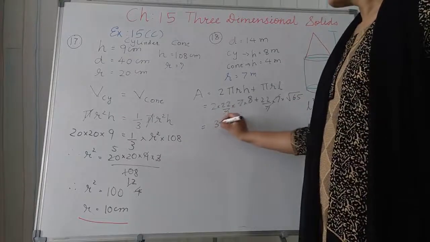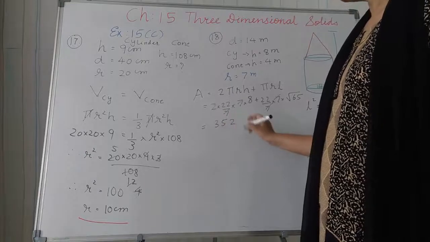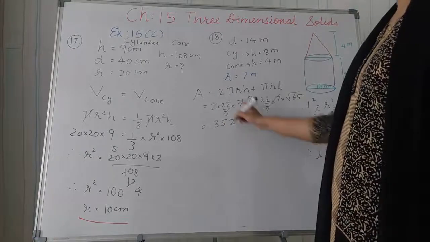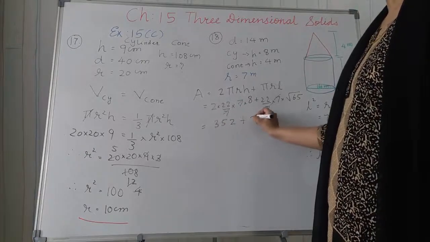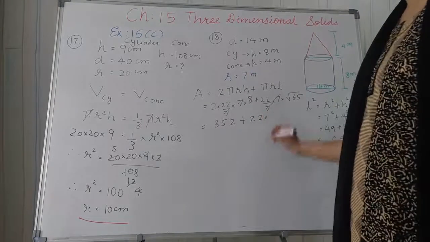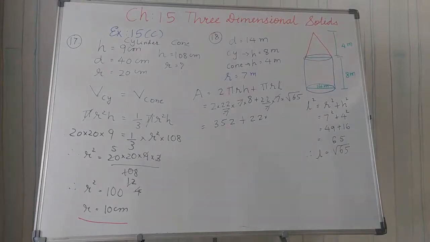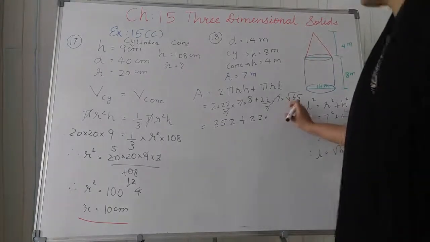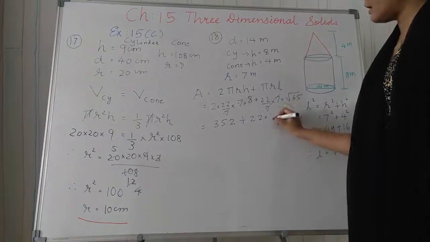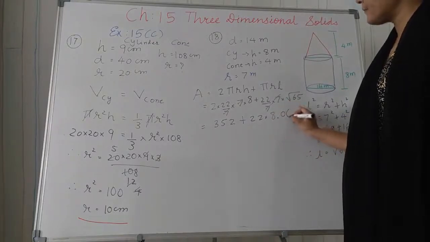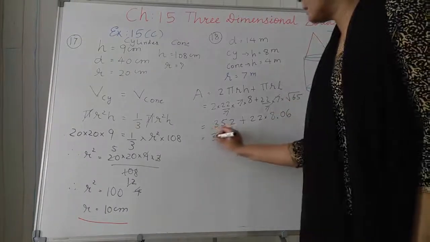So 352 and this is the whole multiplication, and this is 22 into square root 65. So now we have to find square root 65 to keep the value here. So by long division method we get square root 65 as 8.06. Now we multiply it here.